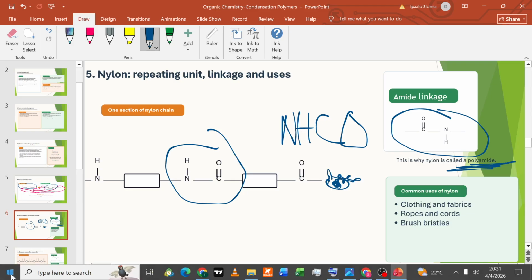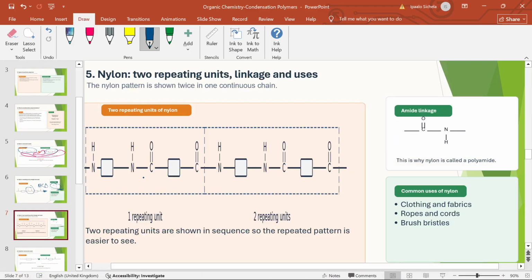As you can see, I have just repeated what I did here. You write whatever is remaining for diamine plus whatever is remaining for dicarboxylic acid, then you have 1 repeating unit. Again, if you write the same, you have 2 repeating units.